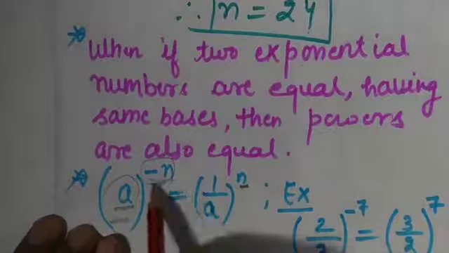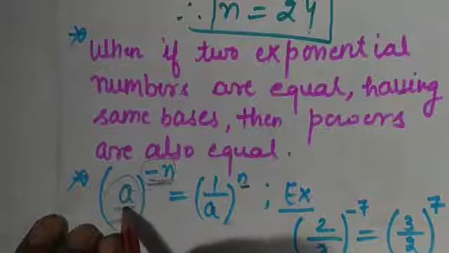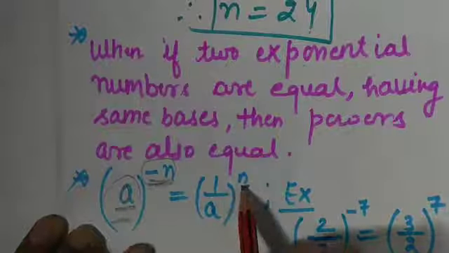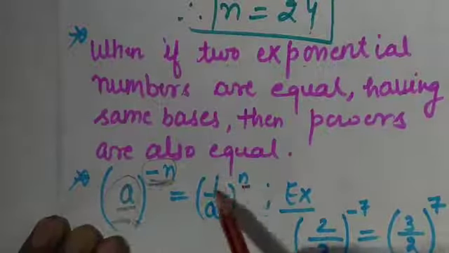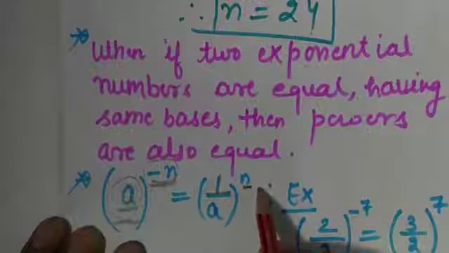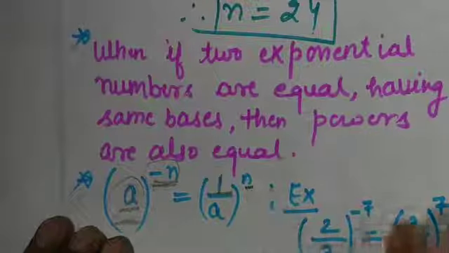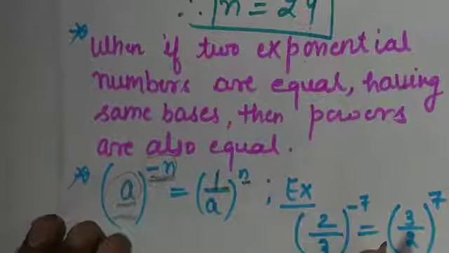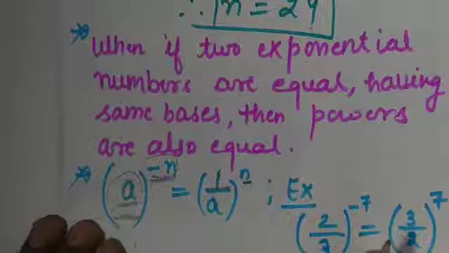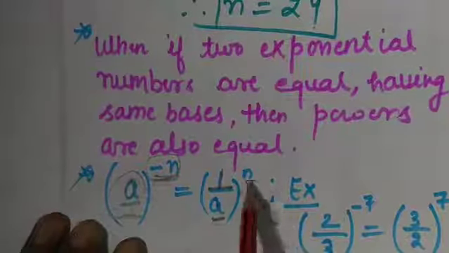Here the power is negative and the base is a. So how to make the power positive? This can be written as 1 by a. Just take the reciprocal of the base, and the power will become positive. How to make a negative power positive? Just take the reciprocal of the base, then the power will be positive.